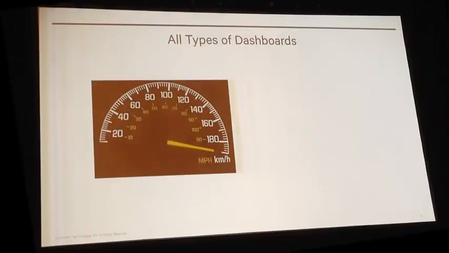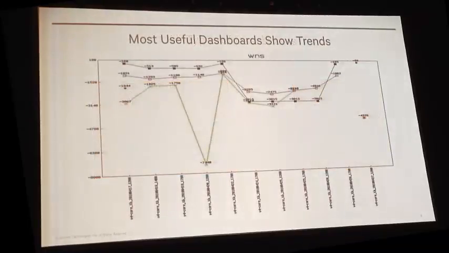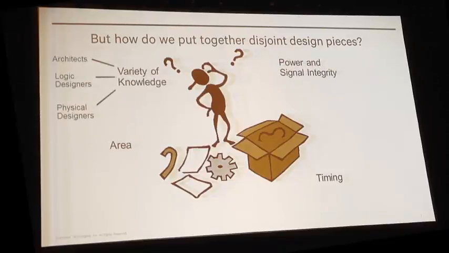So there are all types of different dashboards. They measure different things. But most useful dashboards show trends. So you want to be able to show trends. The problem we had was, how do you put different disjoint pieces of a design together? We have different pieces such as timing, area, power, signal integrity, and more importantly, we have a variety of knowledge that tries to tap those different pieces.